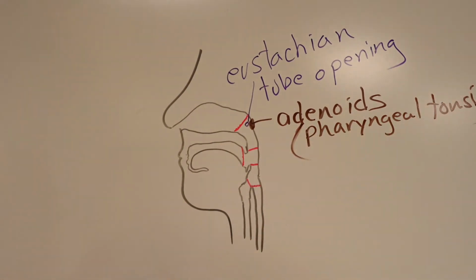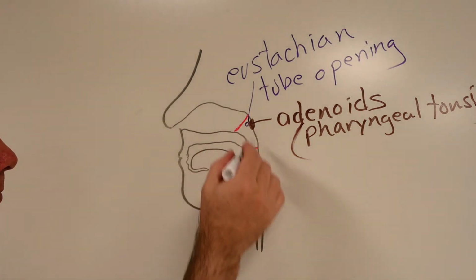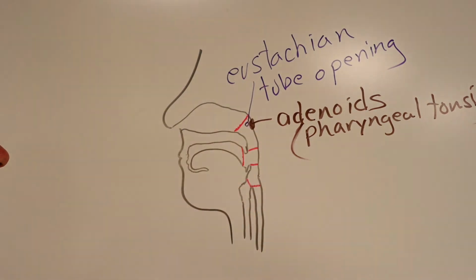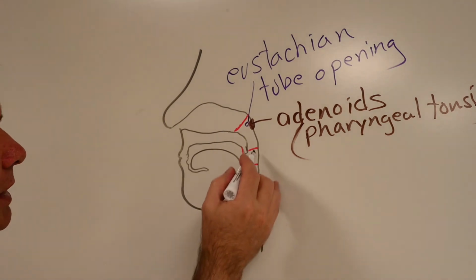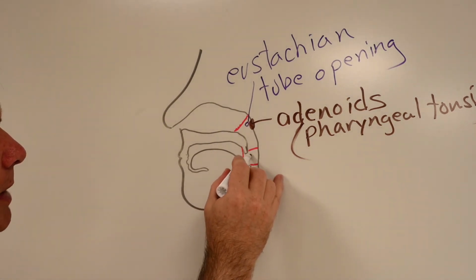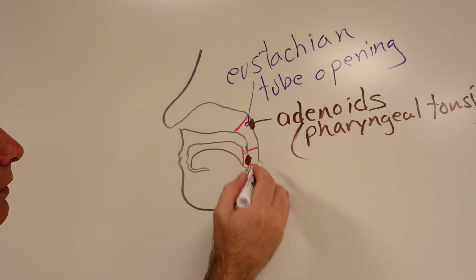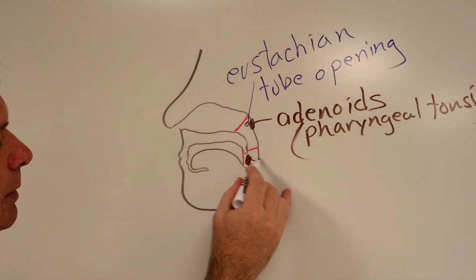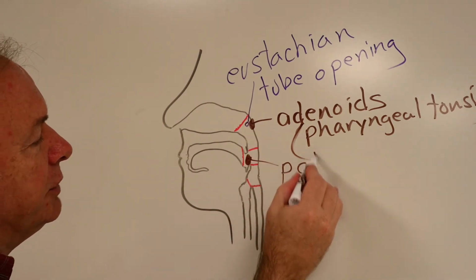So those are the main features of the nasopharynx region. Next, down in the oropharynx, about the only feature in here is another tonsil, and this time it's going to be our palatine tonsil.